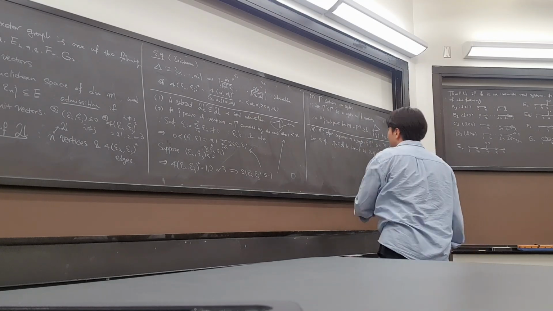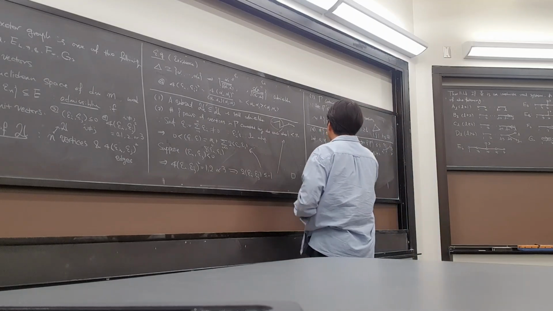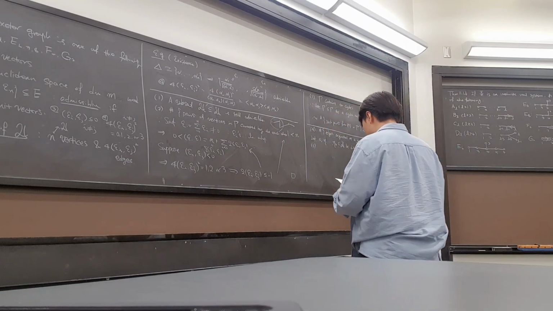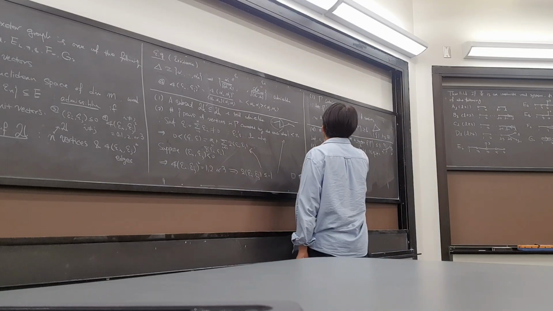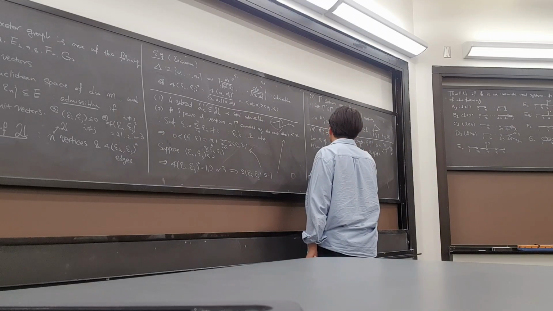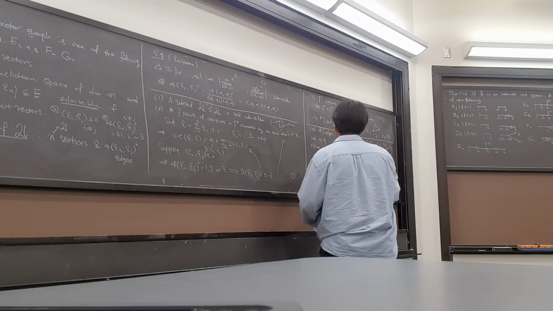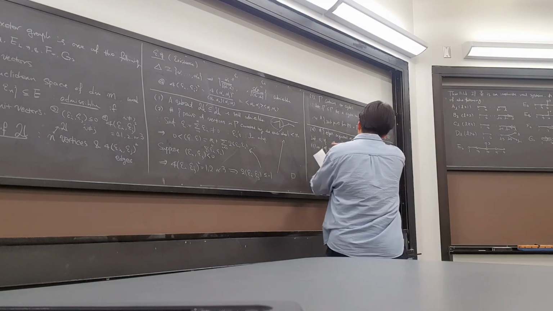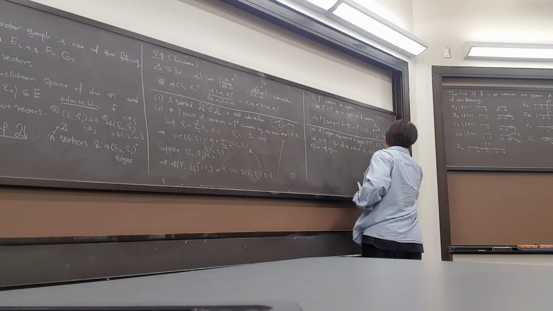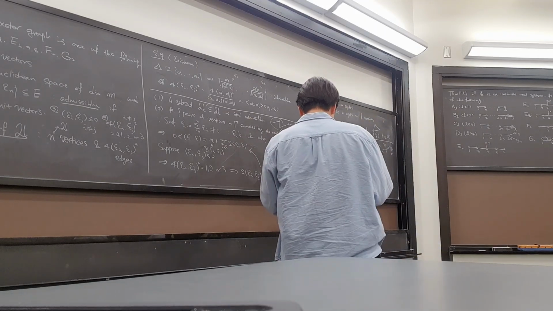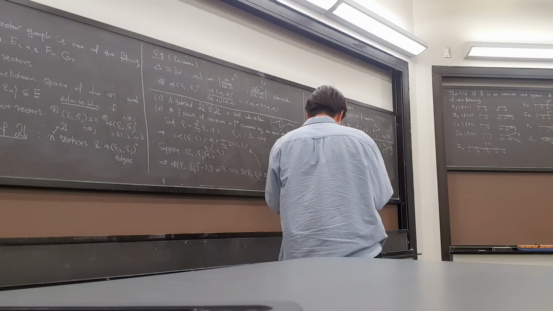Like this. And the claim 3 tells us that there are no cycles, so nu i, nu j is always 0. This is because if they are connected, there are cycles, right? So this implies this condition.